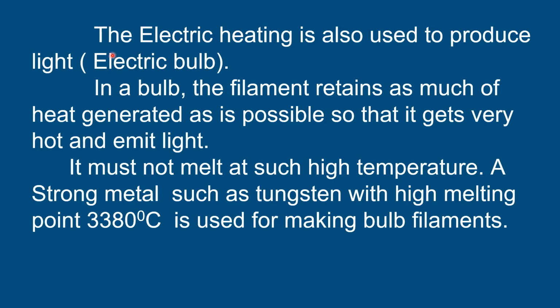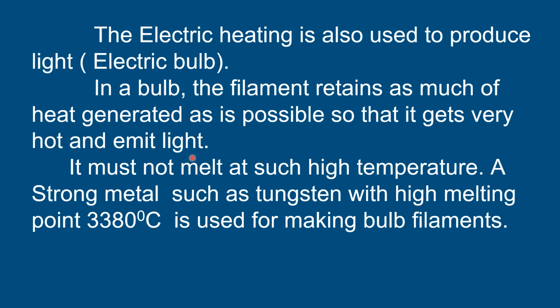That is, electric heating is also used to produce light. Example, the electric bulb. So here it means that the heating effect is not only limited to heating, it is also used to produce light. That is, in a bulb, the filament retains as much of the heat generated as possible so that it gets very hot and emits light.